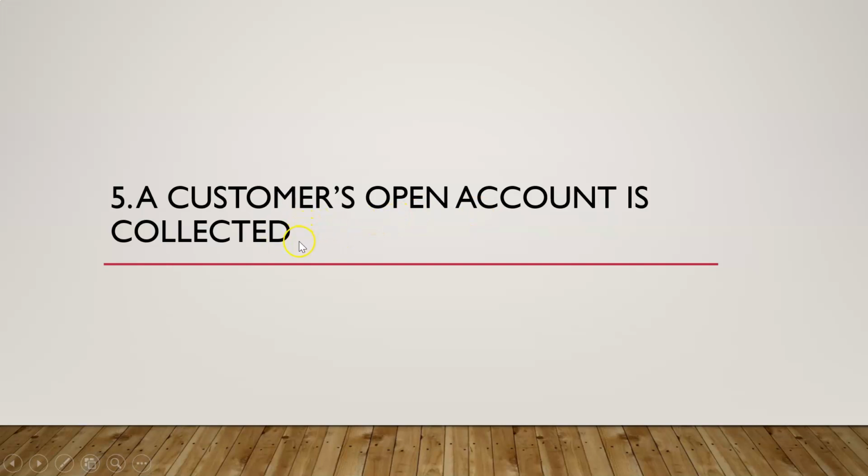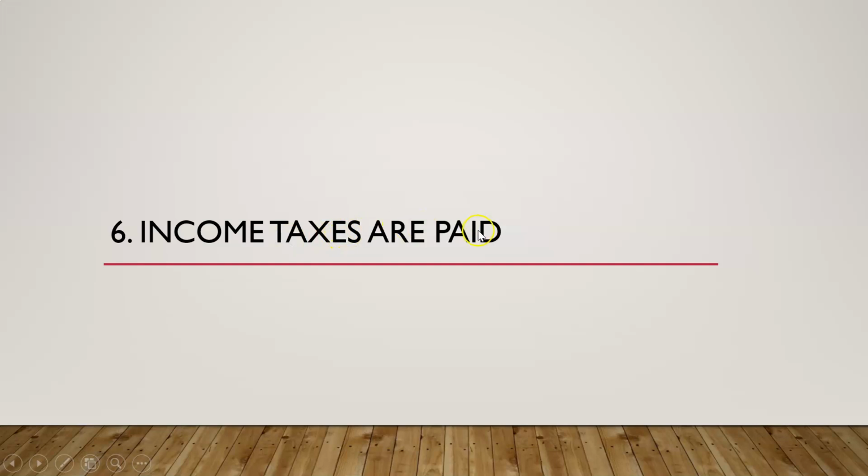So that's part of the cash flow statement, and since you're collecting it in cash, it should be operating activities. Income taxes are paid. Income tax expense is part of the income statement, and those are related to running our business day to day. So that should be part of the operating activities.